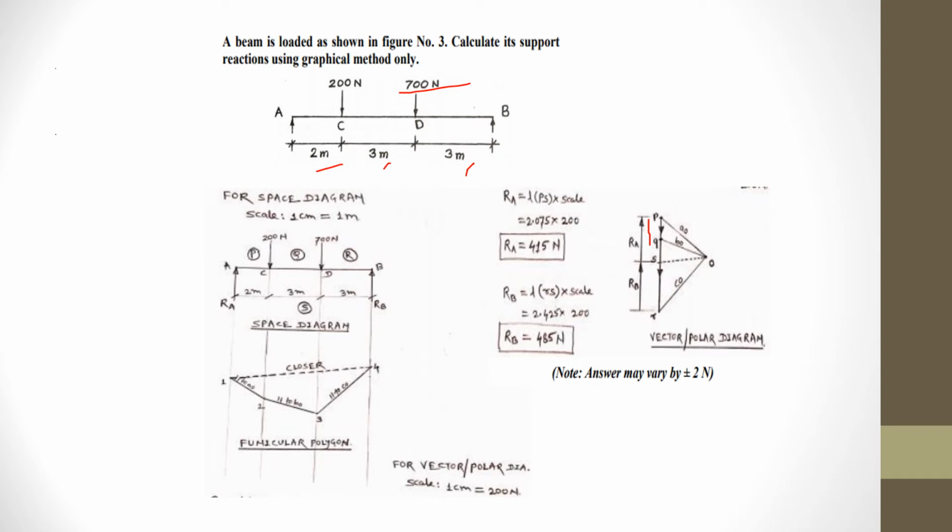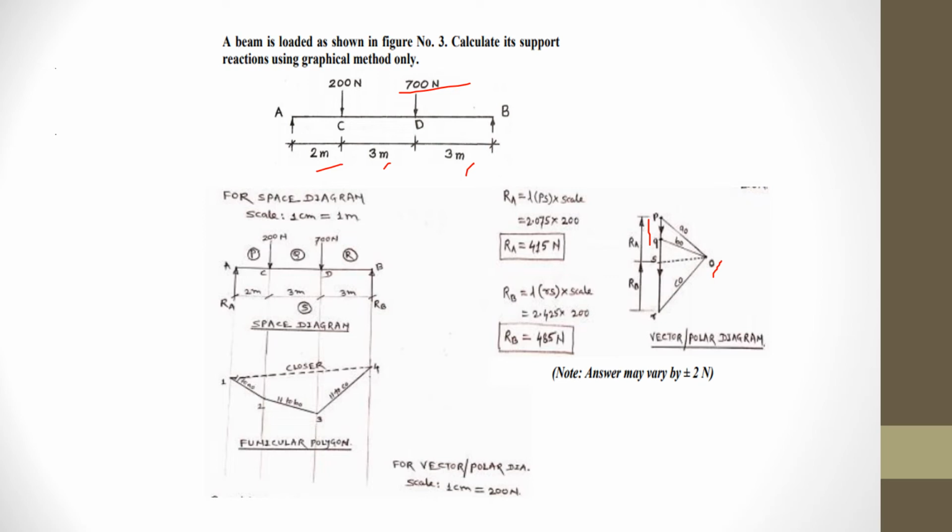Now we will know only points P, Q and R. PQ is having 200 Newton, that is 1 centimeter, and QR having 700 Newton, that is 3.5 centimeter. Then take any point O here and draw PO, QO and RO here.